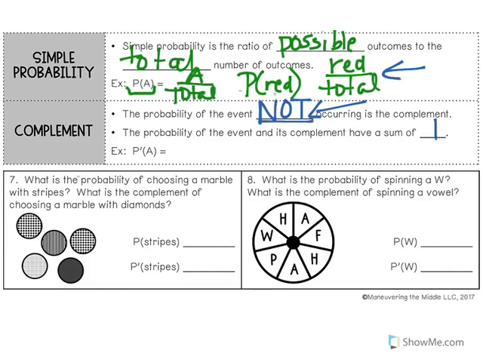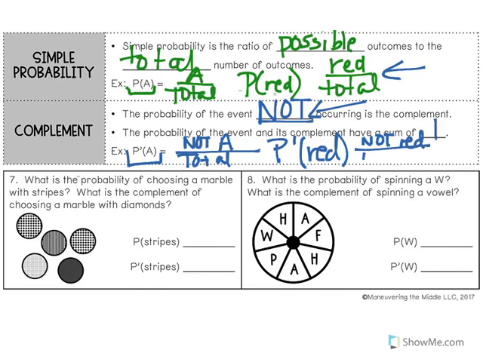For example, probability of A prime means what is not A over the total. Complement of red means not red over the total. And remember, a fraction is part of a whole. So when I add them together, they're going to give me one whole.